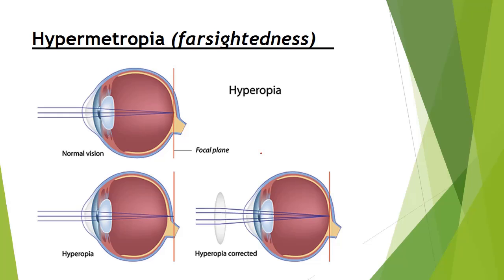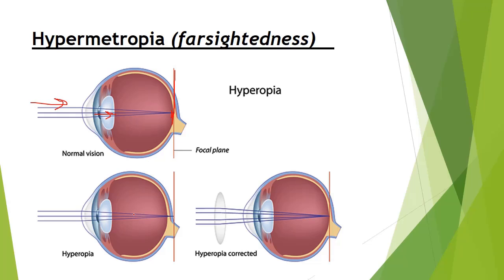As you can see in this slide, in normal vision the light enters from here, goes into the lens, and is focused on the retina. For a normal person, the focal plane will be here on the retina, at this point.